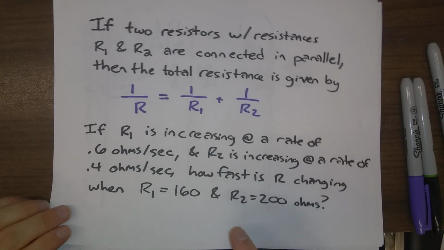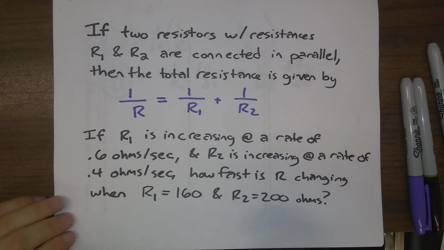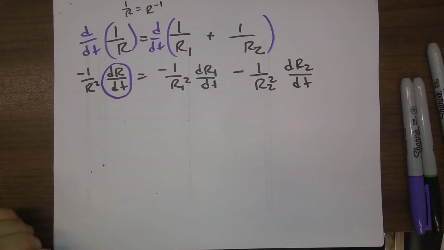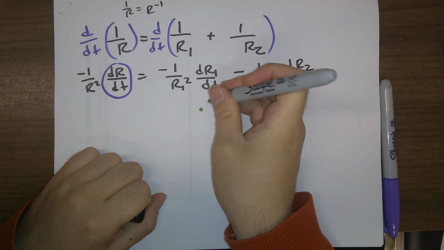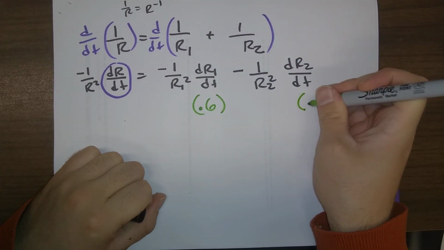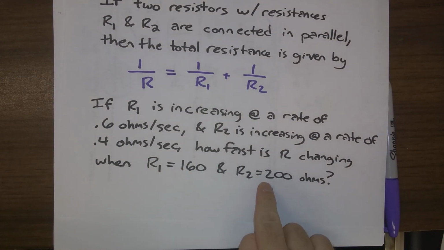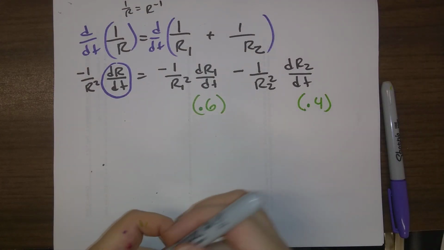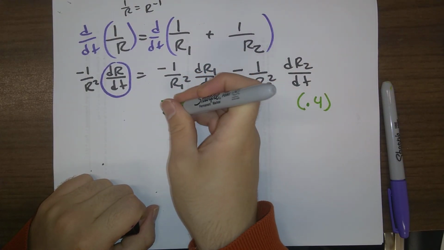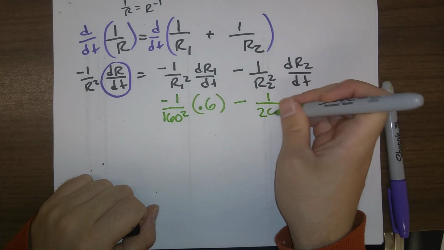So 4 of the pieces of information are given to us right in here. R1 and R2 are changing at 0.6 and 0.4 ohms per second. And R1 and R2, we're told, are 160 and 200 respectively. So minus 1 over 160 squared, minus 1 over 200 squared.